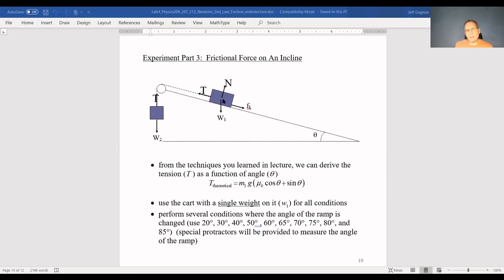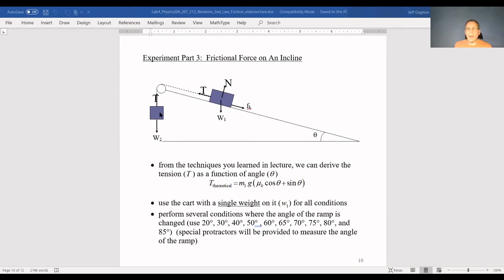However, if this cart is moving at a constant velocity, so there's no acceleration, that means the suspended mass is also moving down at a constant velocity with zero acceleration. Since there's no acceleration, that means the sum of the forces in the y direction has to equal zero. Therefore, the tension is going to be equal to the weight.